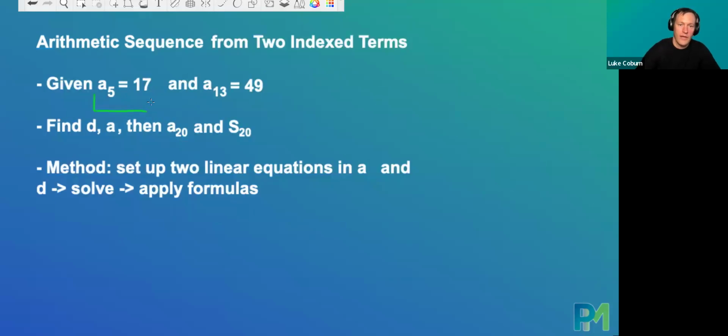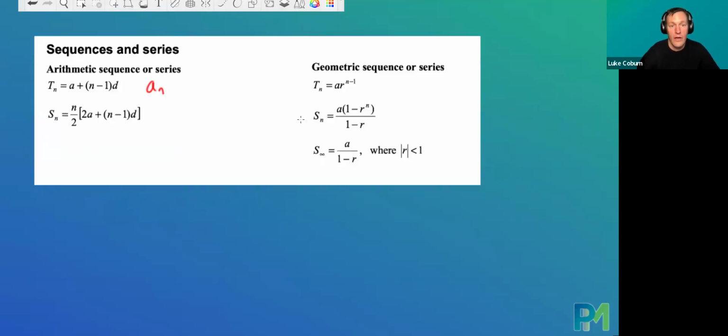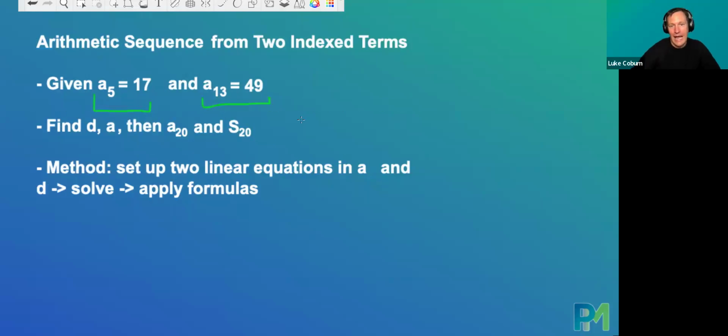Just given this piece of information, to be able to recover it. So what do I need from my arithmetic sequence? I need the A and I need the D. So that's what this question is really saying. So for example, when we start this question, we're just going to get together what we need. So we have AN is equal to A plus N minus 1 times D.